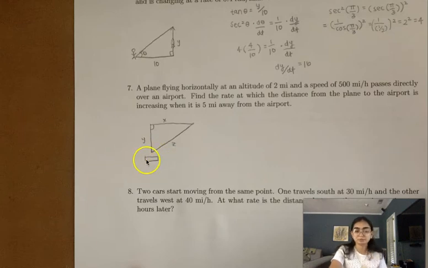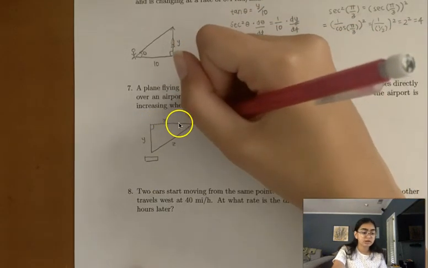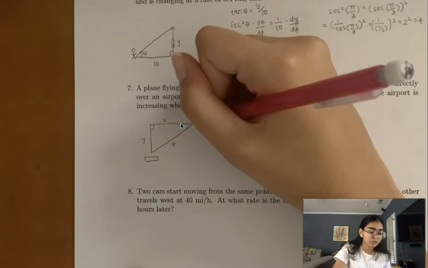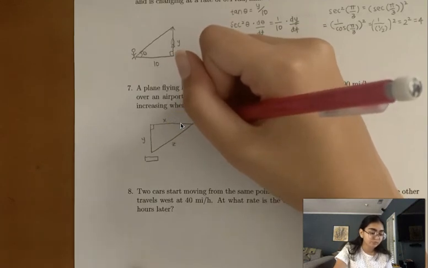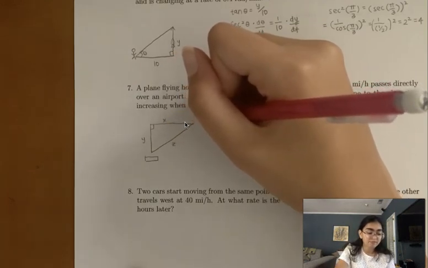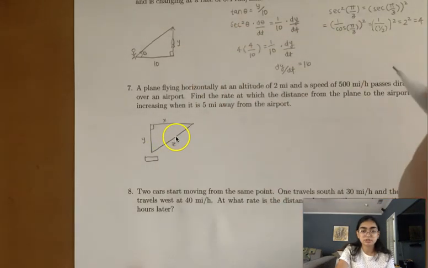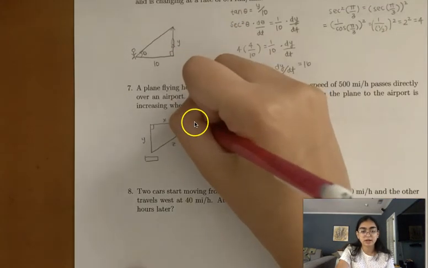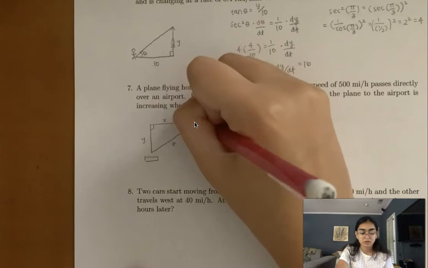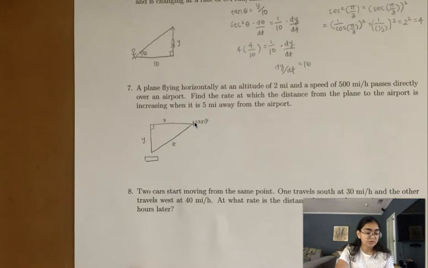That's the airport. The plane has just flown directly over the airport and is now 5 miles away from the airport. So the z is 5 miles away, right? And so we want to find how z is increasing.